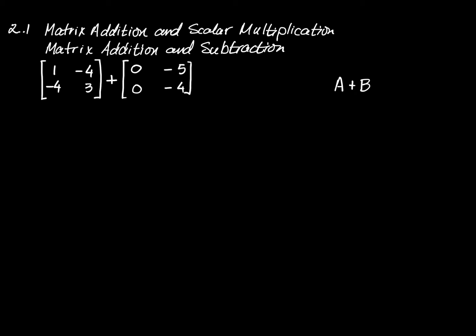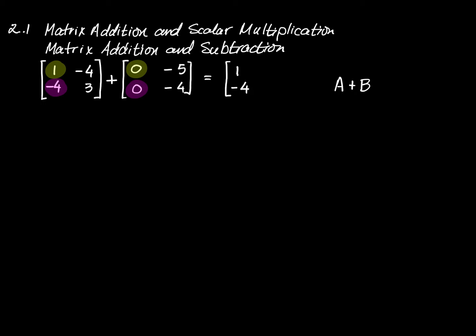All we need to do is to add together the components in the same positions. So to add together these two matrices, I'm going to start by adding together the entries in the first row and the first column of both matrices, 1 plus 0, and I get 1. Then I'll add together the second row, first column entries from both matrices, and I get -4 plus 0, which is -4.